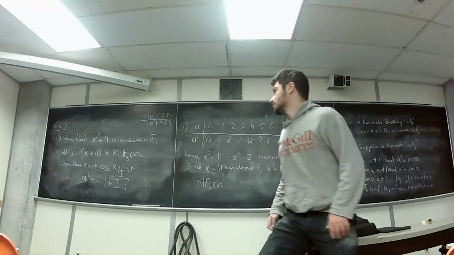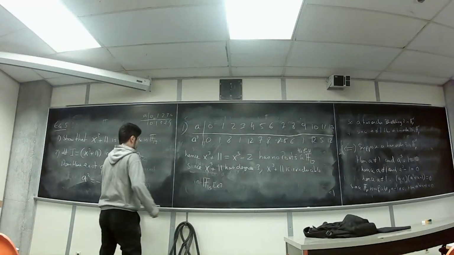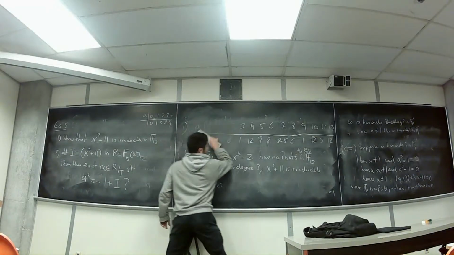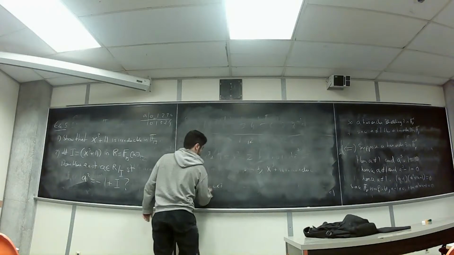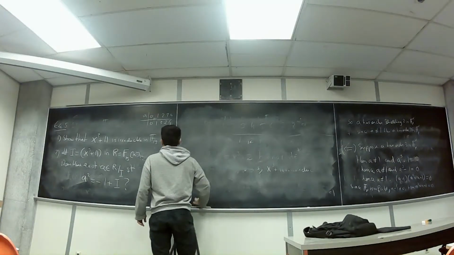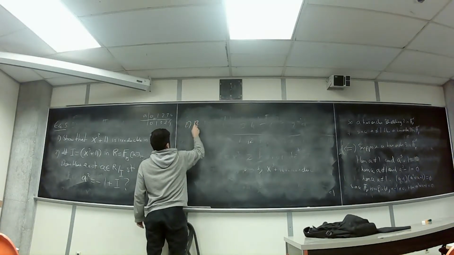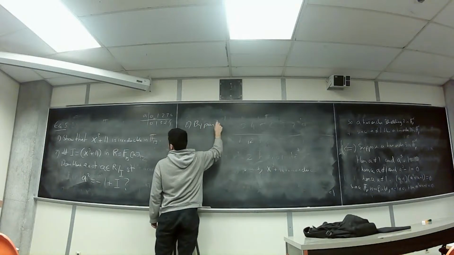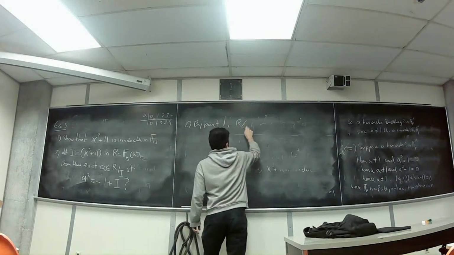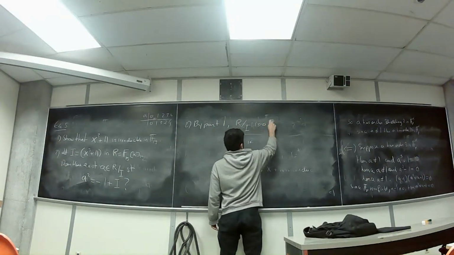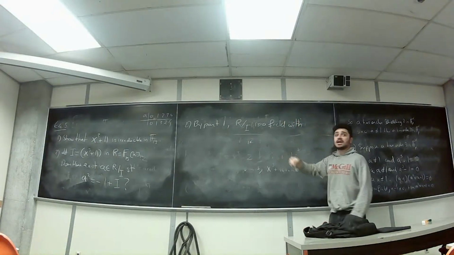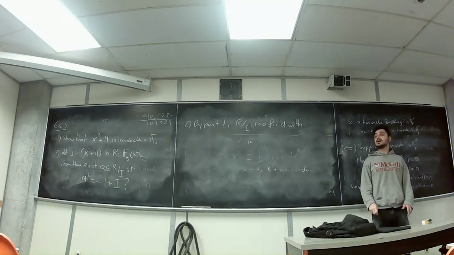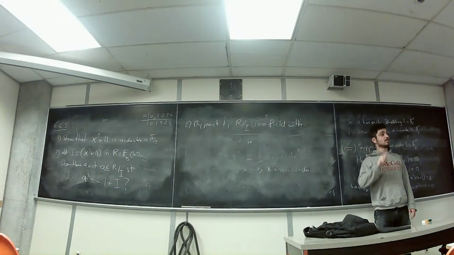Okay, let's do that. Suppose such an a exists. By part 1, R mod I is a field with how many elements? How many elements does R mod I have? Someone else, please raise your hand, someone who didn't participate.